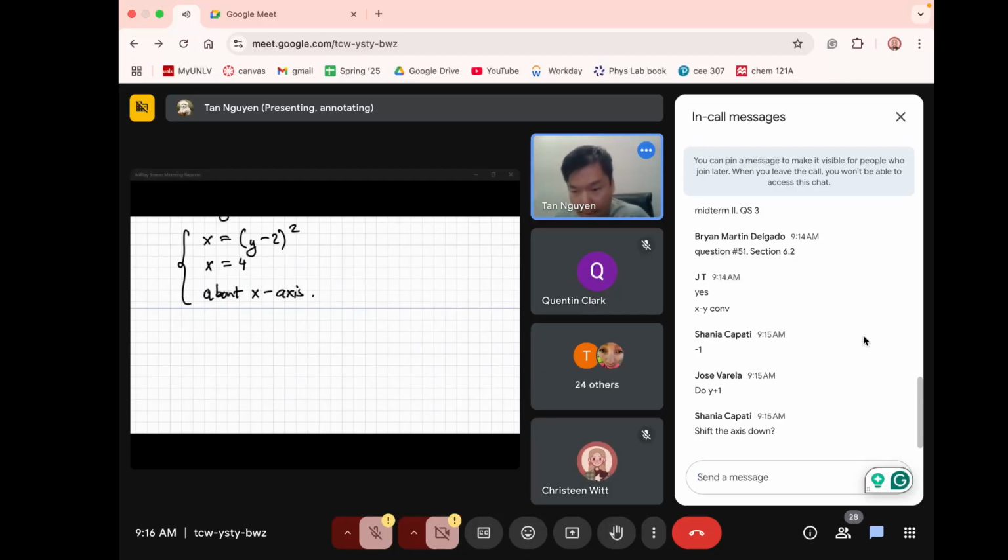Which one? It's actually both, but I prefer not to do it with roots, so I'm going to do it as yx convenient. yx convenient about the x-axis. Am I right?